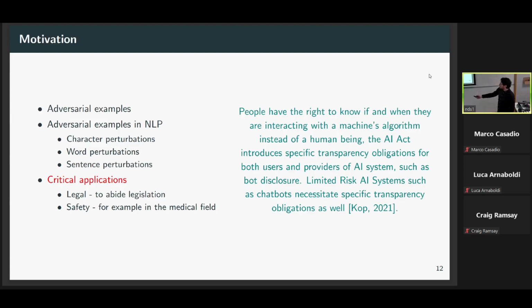Also, there can be other reasons like safety. For example, in the medical field, you want to correctly find and classify if the user is asking medical queries or urgent medical queries, or you can think about other safety critical applications.